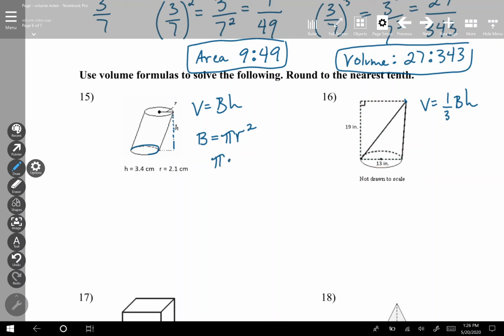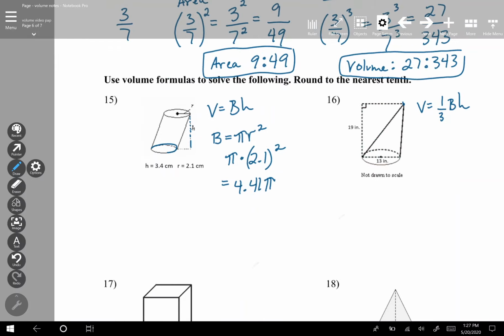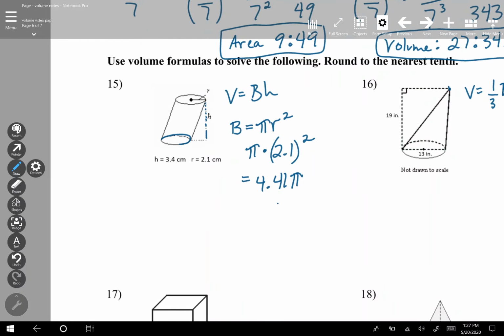So pi times, and then here we have to look, our height is 3.4, the radius is 2.1, so 2.1 squared. Okay, so I'm going to do just 2.1 squared, and I get 4.41 pi. Okay, 4.41 pi.